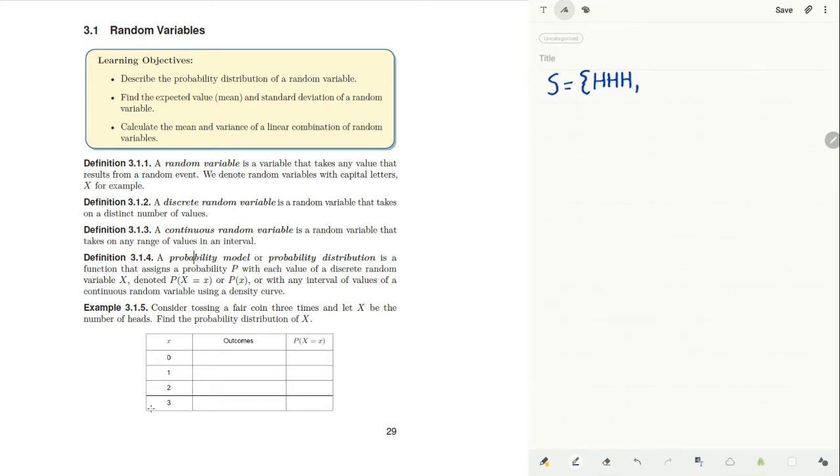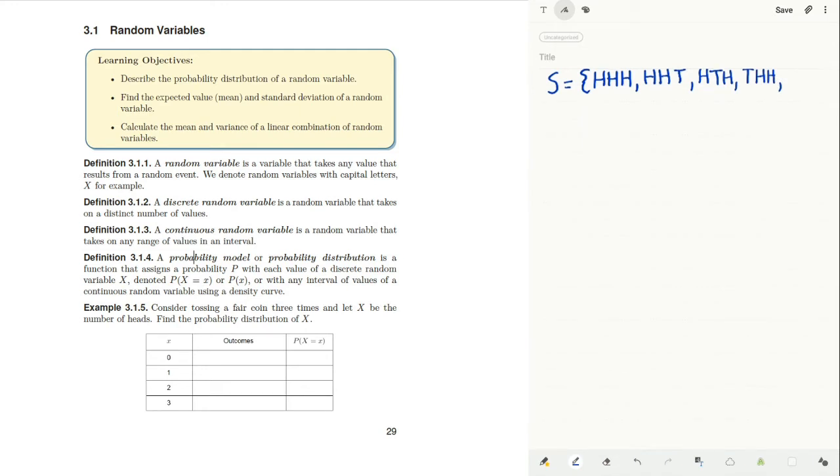Another possibility is that we have 2 heads and 1 tails. And there are 3 possible cases for 2 heads and 1 tails. So this could be where the first 2 results are heads and the third coin is tails. We could have heads, then tails, then heads, or we can have tails, then 2 heads.